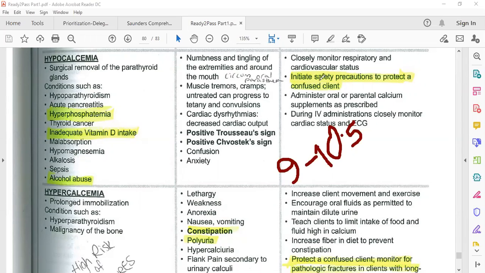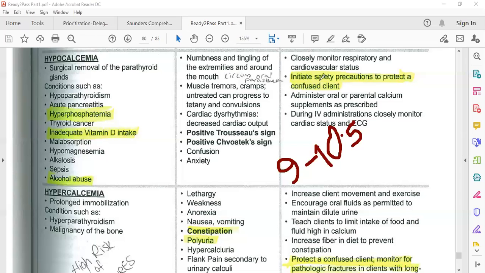So what are the dietary sources, or food sources, of calcium? Basically milk and milk products, or dairy products, dark green vegetables, or fortified food are the sources of calcium.